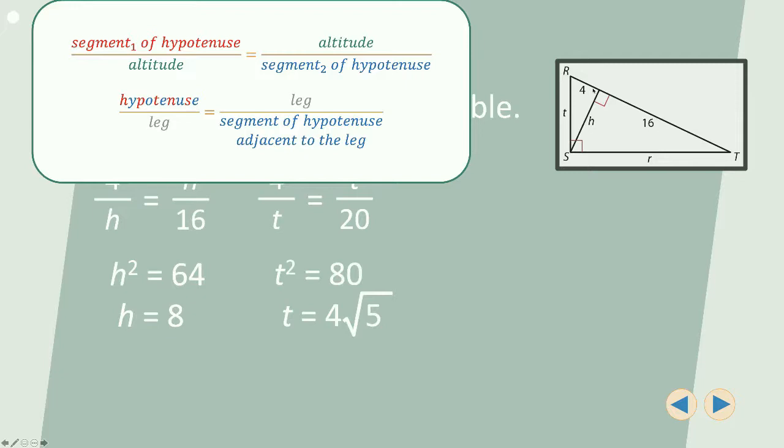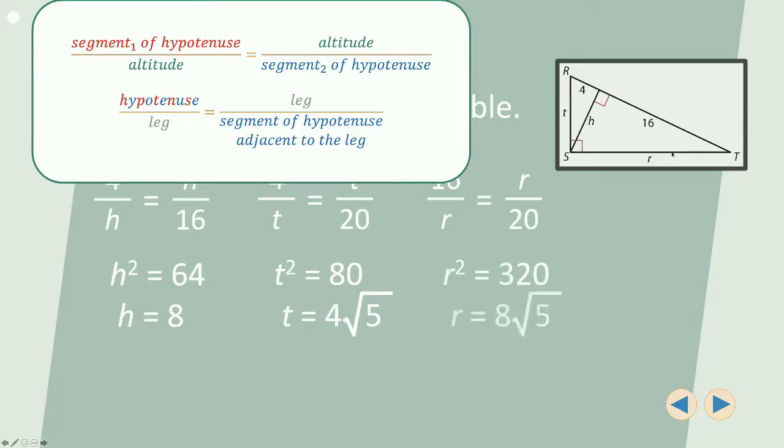And then same idea for the last one. We have the leg in the geometric mean spot. Here's the hypotenuse, so here's r. We have the whole hypotenuse compared to the segment of the hypotenuse adjacent to the leg that we're talking about. We cross multiply.